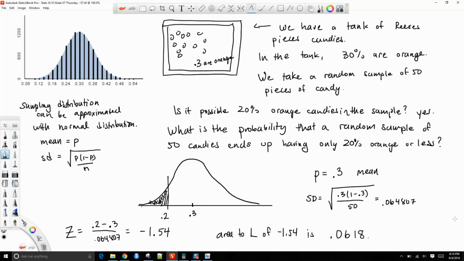Most of the time you'd probably get more than 20% orange, but by random chance you might get less than that. So the answer here is 0.0618. And again, this is an approximate answer, but for our purposes, it's good enough.